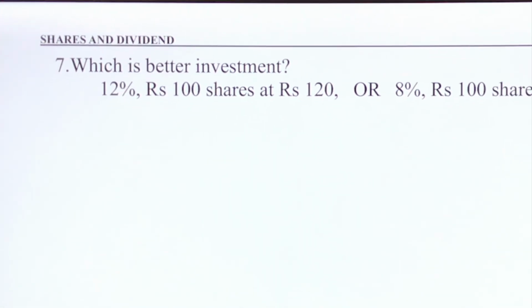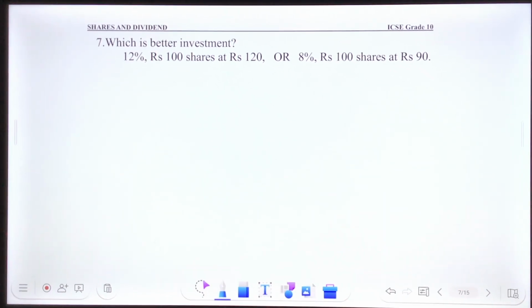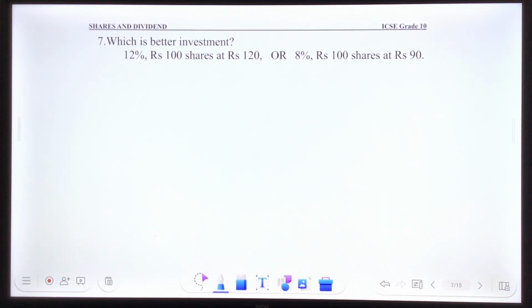The question is, which is better investment? 12% rupees 100 shares at rupees 120 or 8% rupees 100 shares at rupees 90. So the investment giving more return is obviously a better investment.